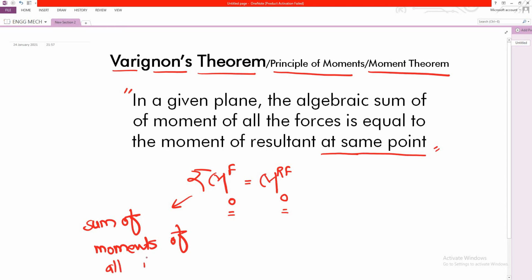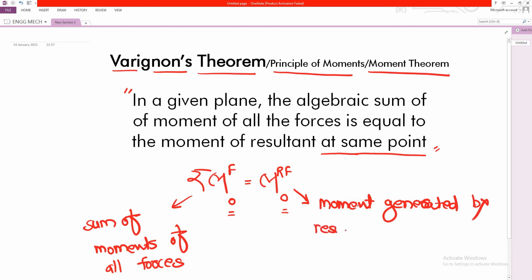And when we write M^RF with suffix O, this is the symbolic expression of the moment generated by the resultant force. And this resultant force is the single force that can replace all the given forces, the resultant of the same forces. Okay, moment generated by the resultant.